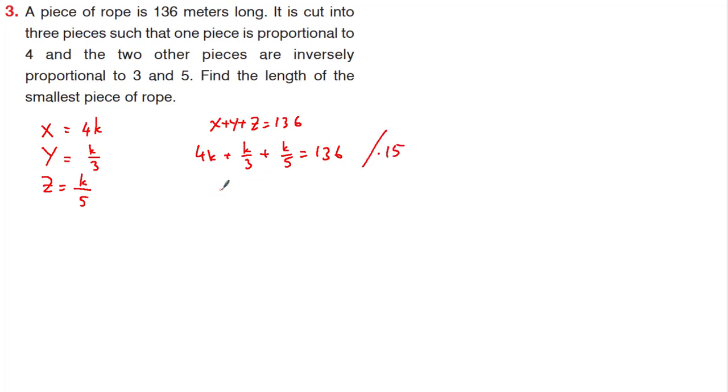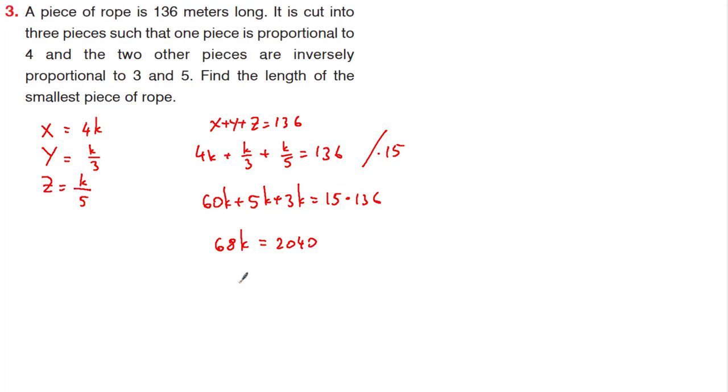If we multiply by 15, we get 60K plus 15 over 3, that's 5K, plus 15 over 5, that's 3K. It's 15 times 136. 68K is 15 times 136, that is 2040. Actually, we don't have to multiply it out, but anyways.